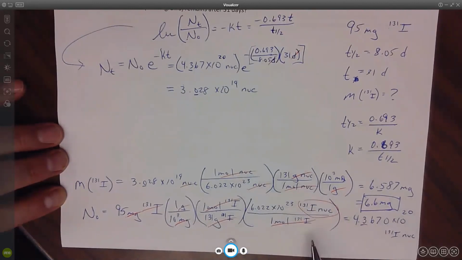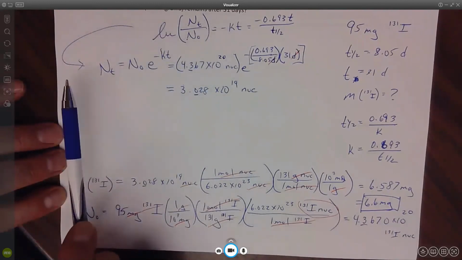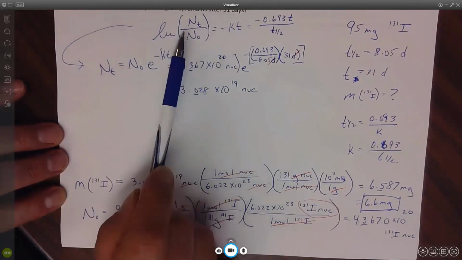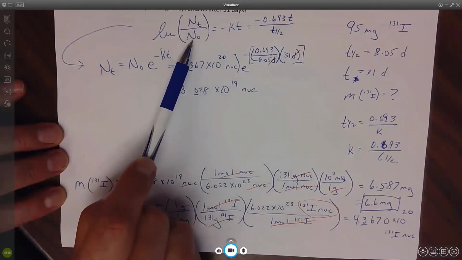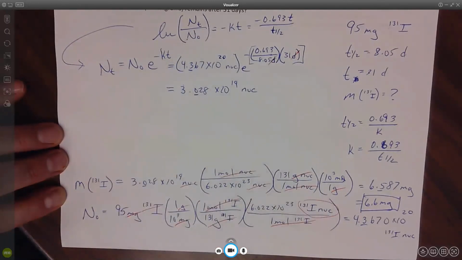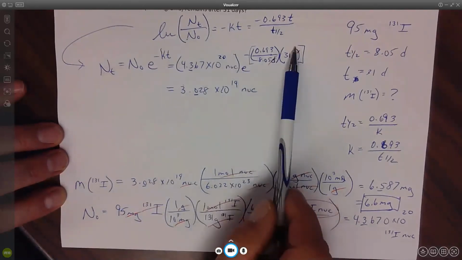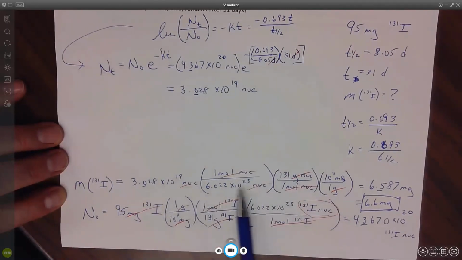So really, I could have just made this real simple and just plugged in for time, the initial concentration, just the 95 milligrams, and we would have come up with the same answer. I'd have had to still do this, but I could have eliminated this entire step. But you need to recognize that. You need to do the homework, okay? You need to do the homework.